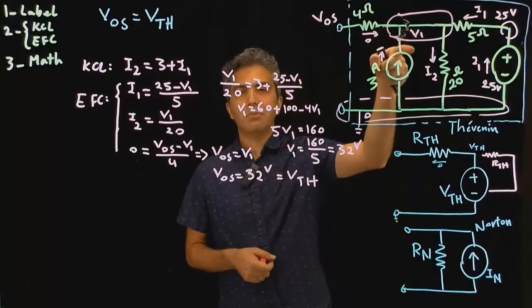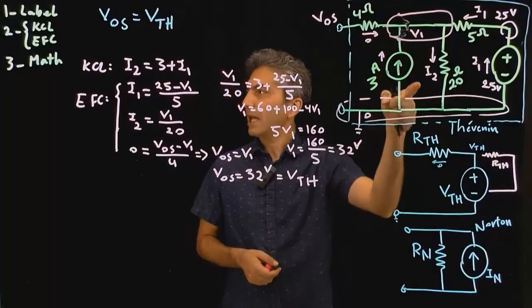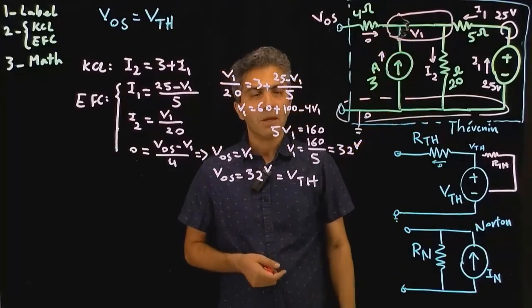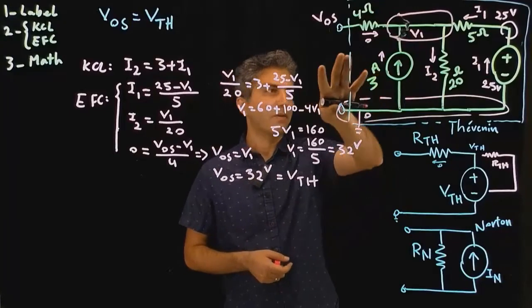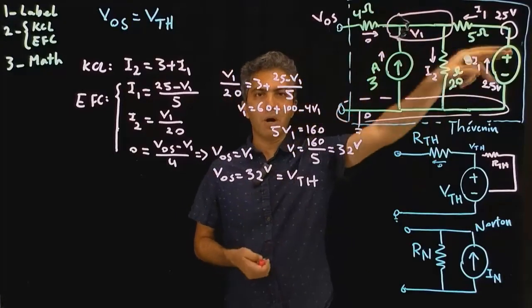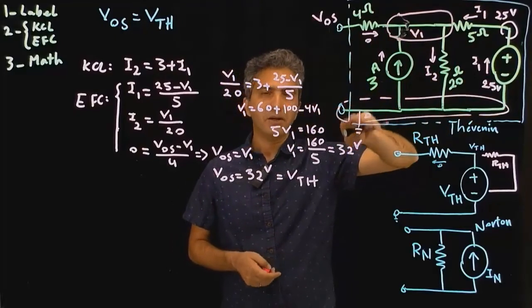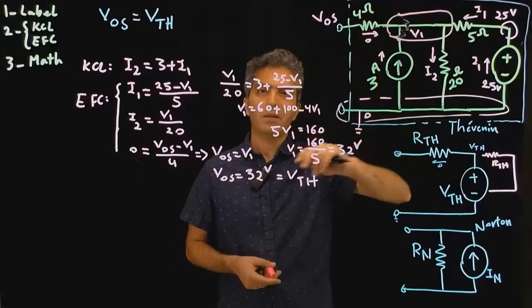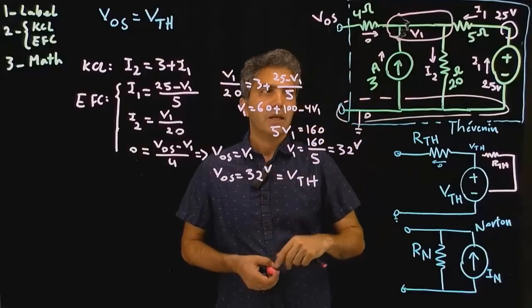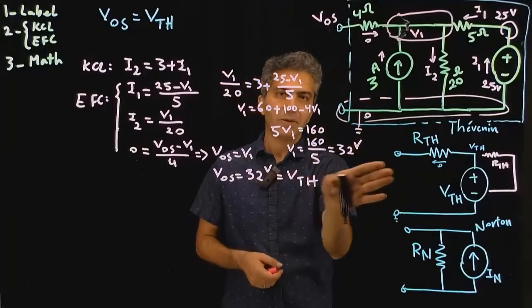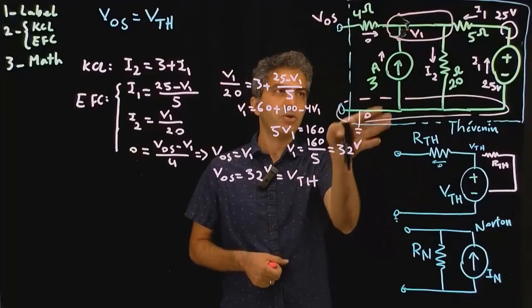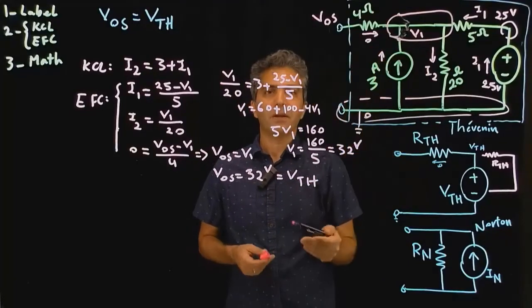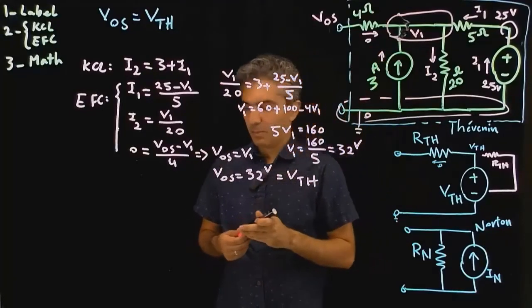If I do the same thing to that circuit, since I'm claiming that these two circuits are the same, the same thing has to be calculated for this circuit, meaning that if I go inside this box and turn off all the independent sources and then calculate the equivalent resistance looking back into the circuit, I should see our Thevenin resistance.